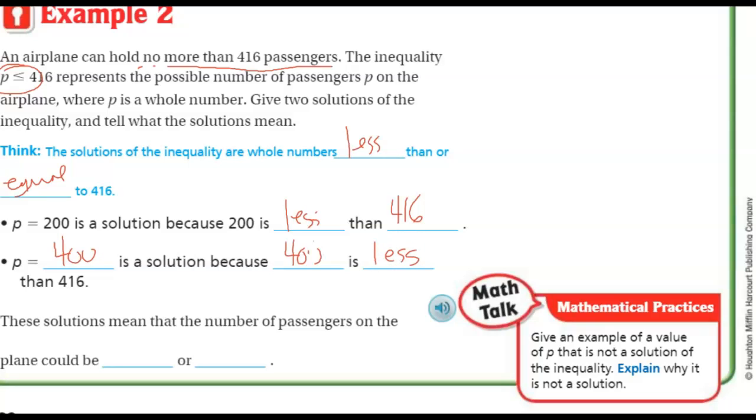These solutions mean that the number of passengers on the plane could be 200 or 400, and you could have used any number you want there if you want some freedom.